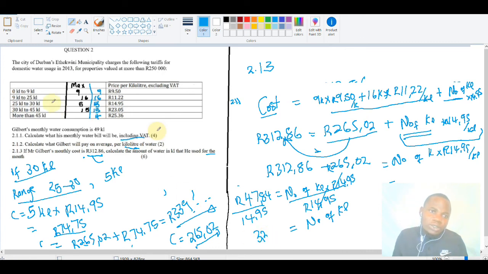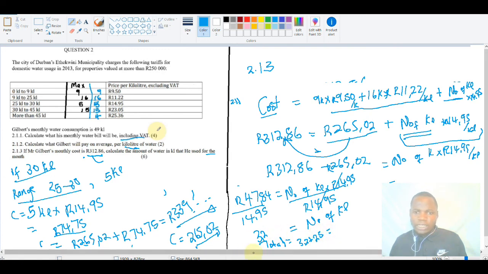3.2. That means between the range 25 to 30 there, you have used 3.2 kiloliters of water. So what is the total? You add 3.2 plus, already we said from here, 9 plus 16, which gives you 25.